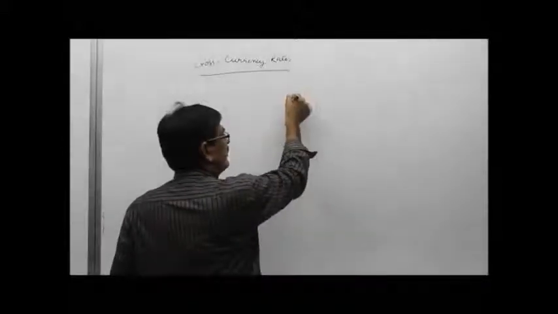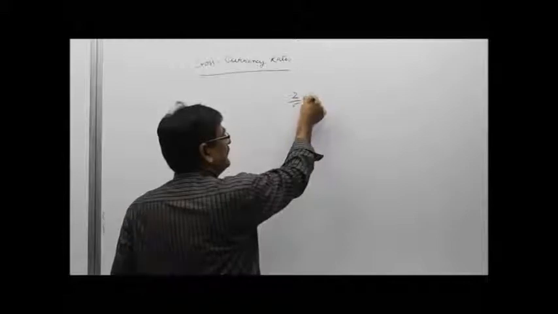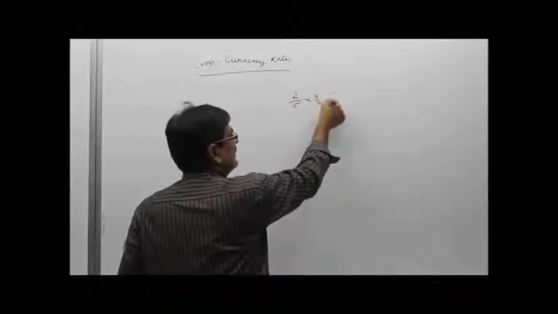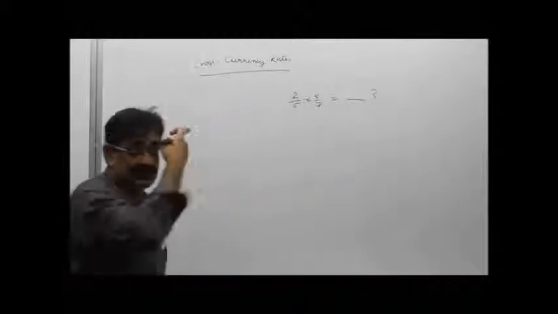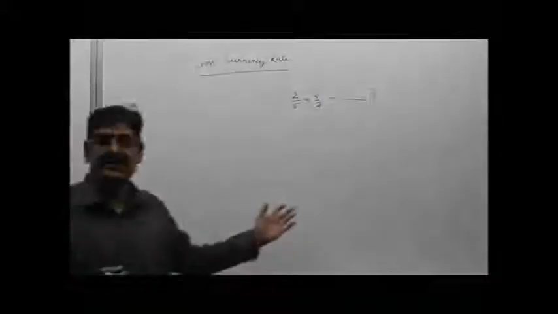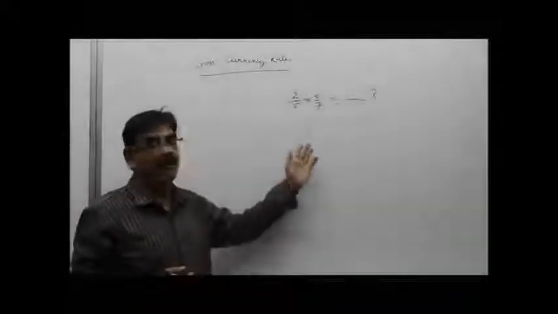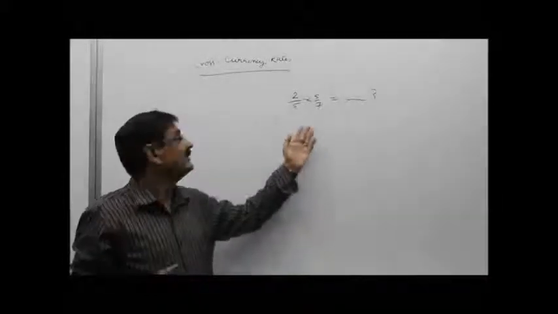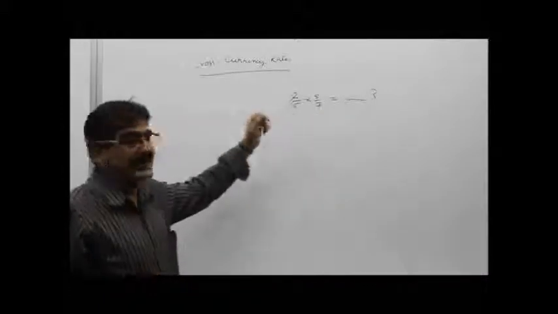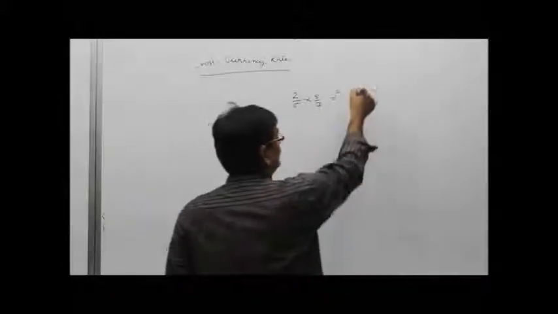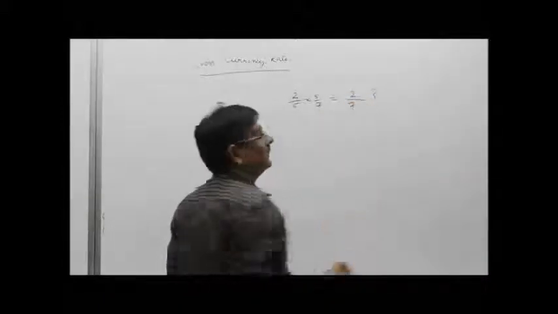I am sure some of you can answer: 2 by 5 into 5 by 7 is equal to what? Maybe I am asking a question of standard 3 or 4, but can you answer it? I want to hear your answer. All your answers are correct. It is 2 by 7.